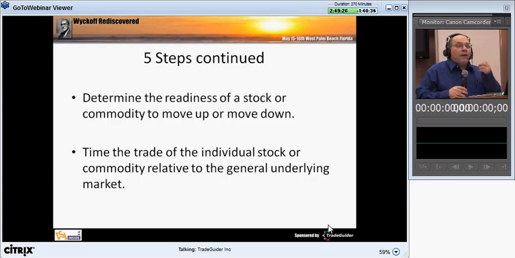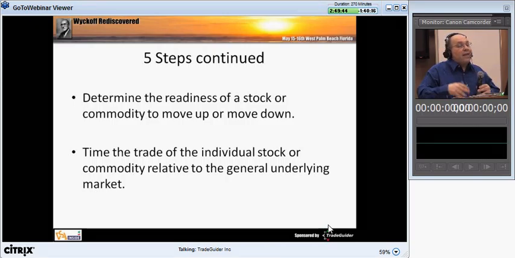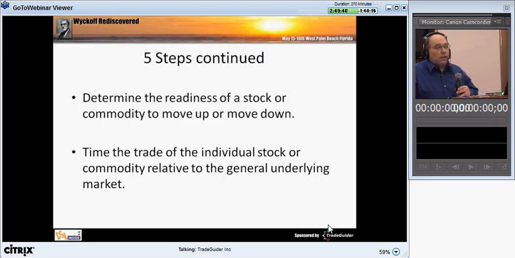So you want to place a trade in your account when the stock or commodity is about to move. What are those features? Well, one of those features is a spring, a retest of a spring in an uptrend, an upthrust and a retest of an upthrust in a downtrend. Mr. Weiss will go over that as well. What's unique about a spring?